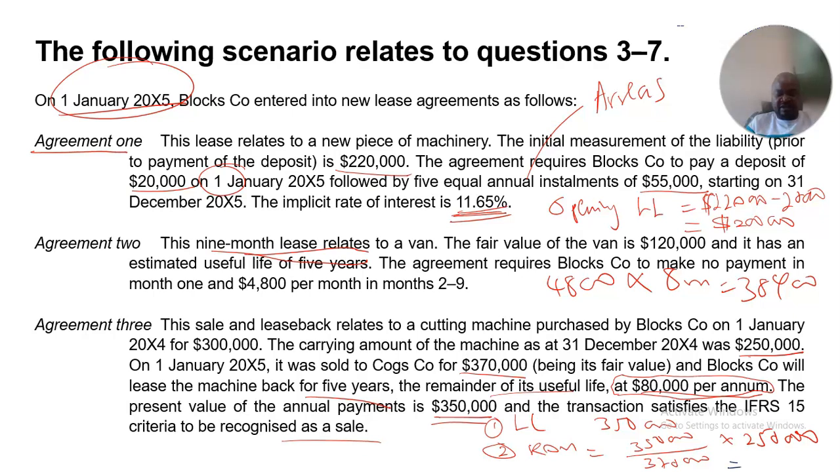That's 350,000 over 370. Okay, multiply by 250. So we can see that we are looking at 236,486 as our row. Okay, 236,486 is our row.